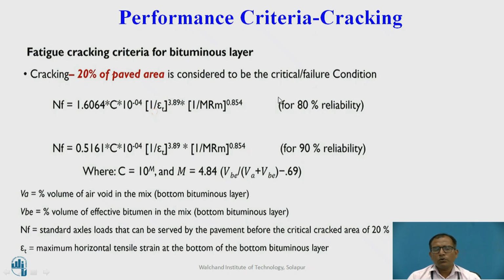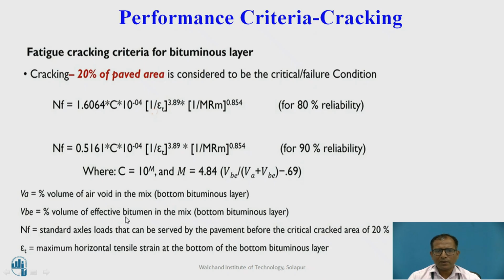Usually for low volume roads we go for 80% reliability, and for high traffic intensity like expressways and national highways, we go for 90% reliability. Here C is a constant, and VA and the effective bitumen volume are Marshall mix design properties. We have to do the Marshall mix design and find the percentage of air voids and the percentage of volume of effective bitumen in the mix.